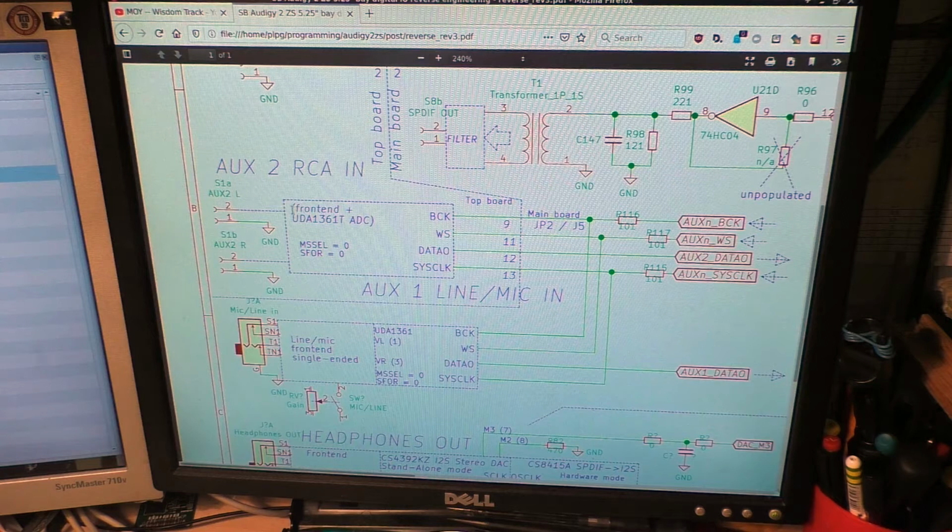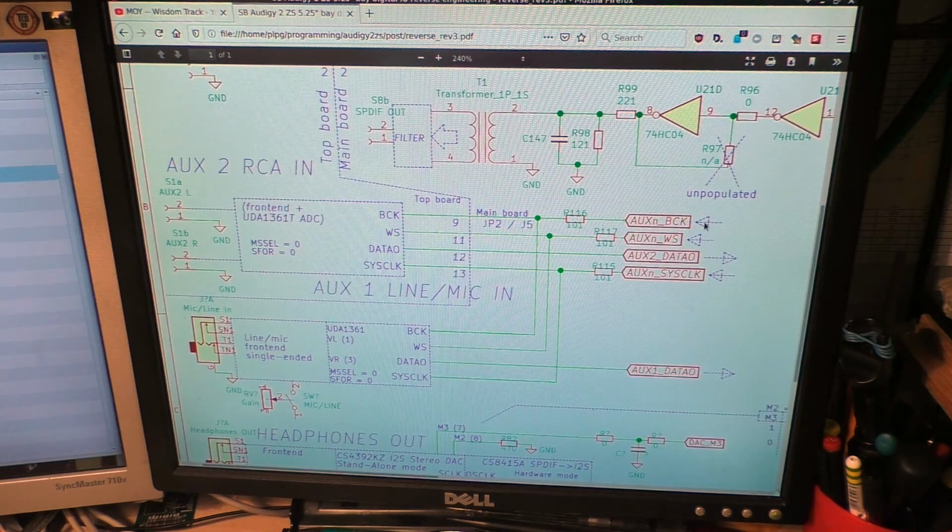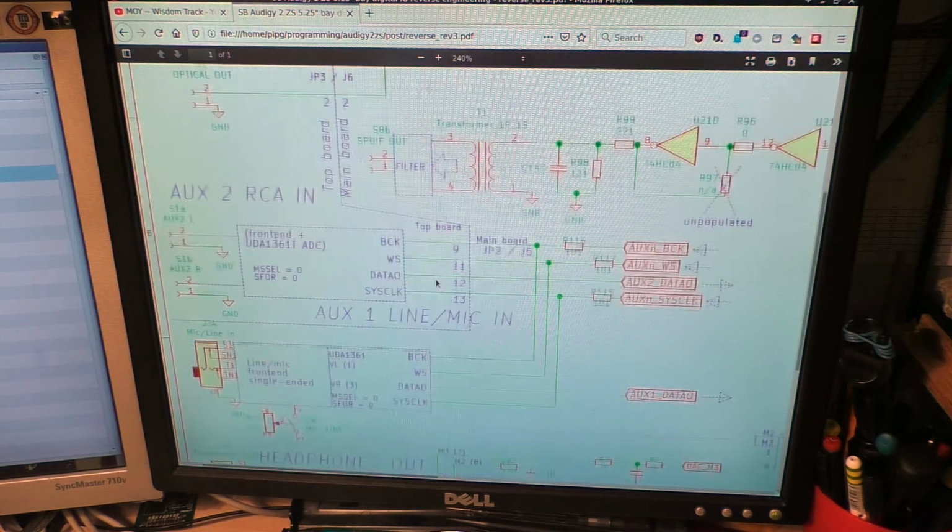So there's like a small front end and a 1361 ADC, and as you can see, the signals which come from the sound card, which is the two clocks and the system clock, they are all shared, and you essentially get separate data outputs from the ADCs. Now all of these signals are also buffered by the buffer before going to the pin header on the back.